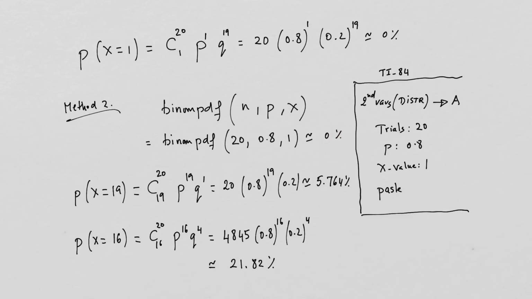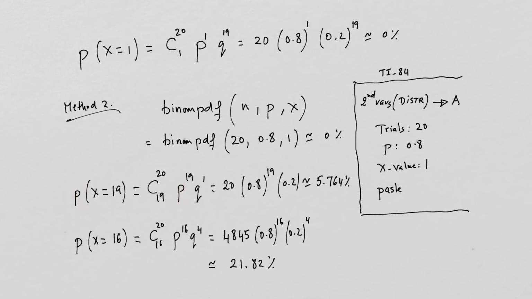Okay? So how about, what's the chance P of X equals 19? What's the probability that 19 of them are good? 19 non-defective light bulbs and only 1 defective. Well, it's 20 choose 19. And then the probability of success, this is not this P. This is just the probability, and this is the probability of success.